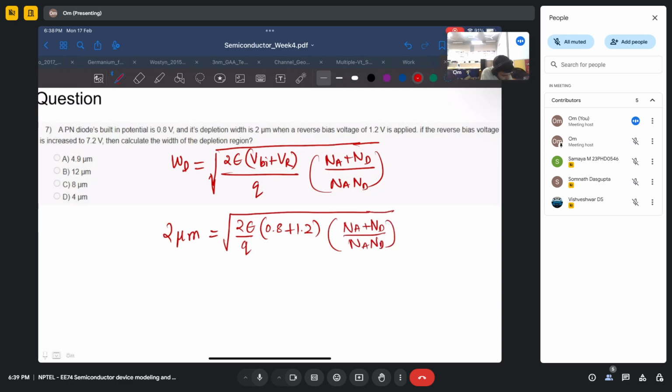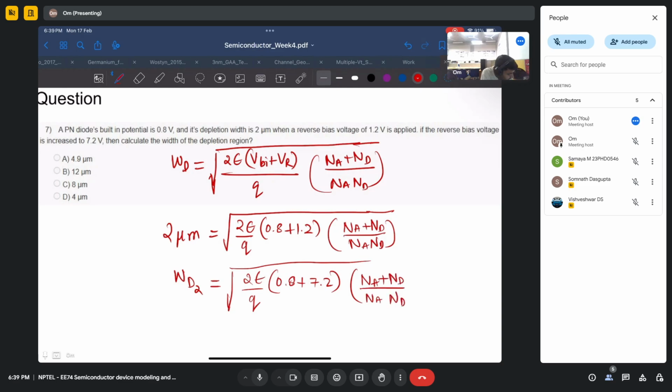In the second case, let's say WD2 that we have to find, is 2 epsilon by Q, 0.8 plus this 7.2 volts of reverse bias. Rest everything is same. Let's say this is 1, this is 2.